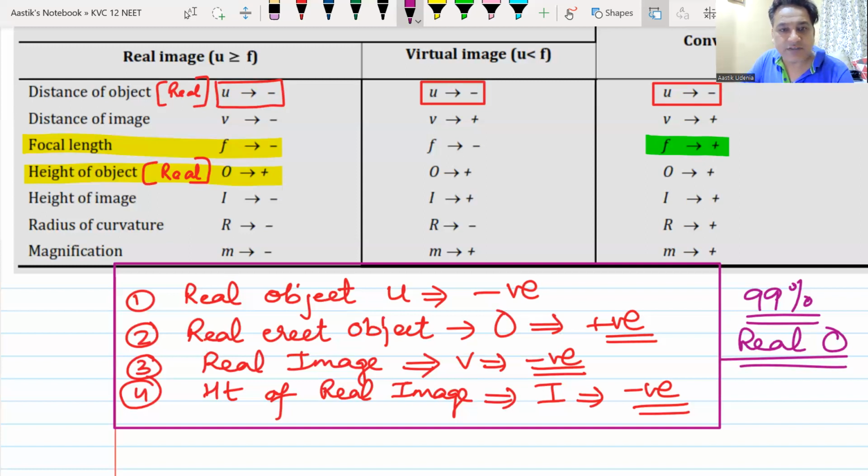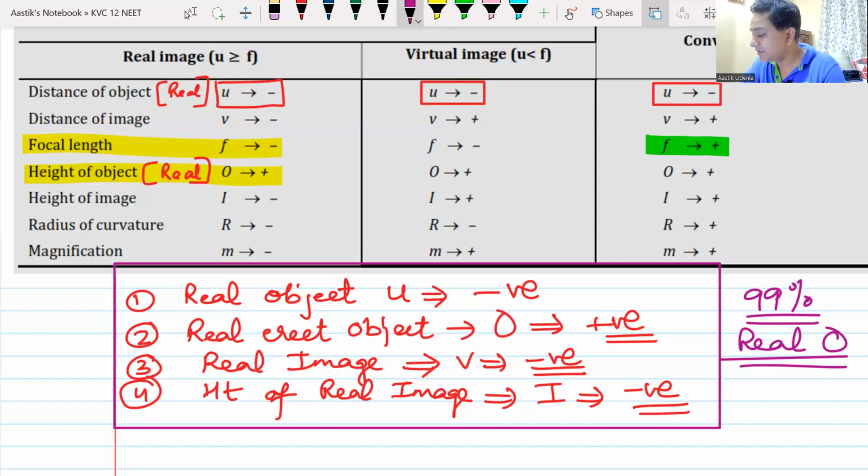If you can do this table, which I'm going to show, this table must have been done by you in your smaller standard. I guess in your 10th standard you would have done this ray diagram. Yes or no?